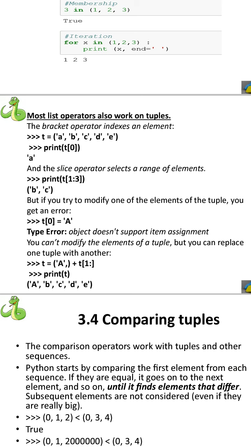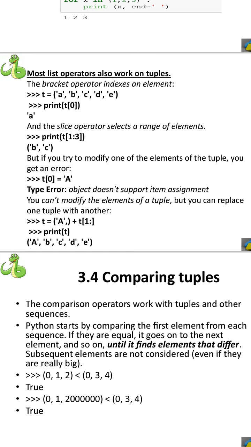We can also use the slice operator to access more than one element from a defined tuple. To print the index elements 1 and 2, that is b, c, I can use the slice operator and say print T of 1:3. As we have studied earlier and also in this video, whenever you are using the slice operator with start and end values, it considers only up to n minus 1.